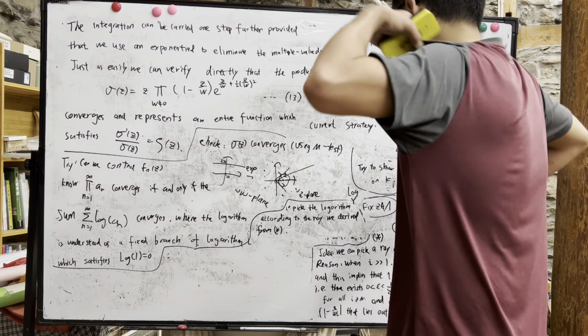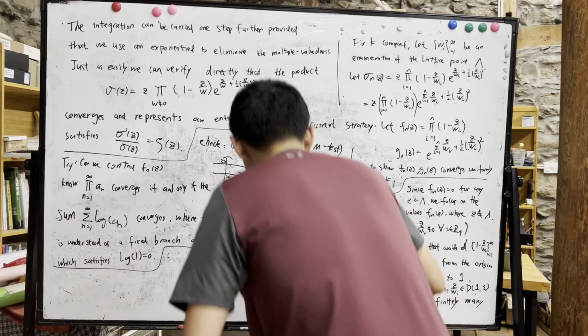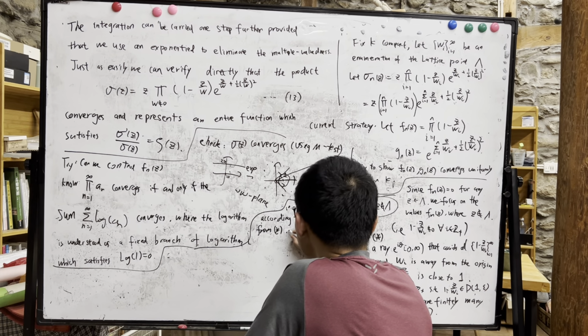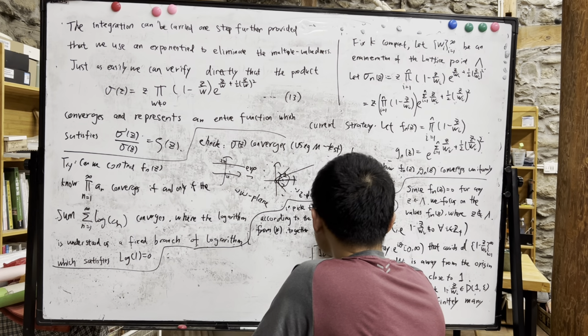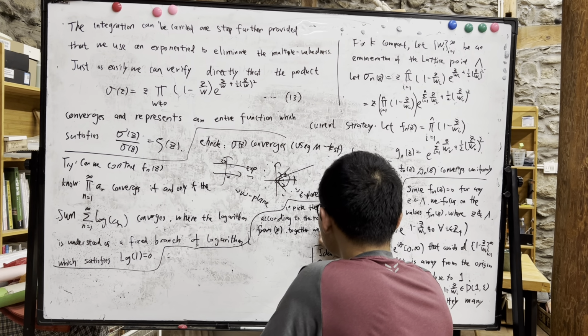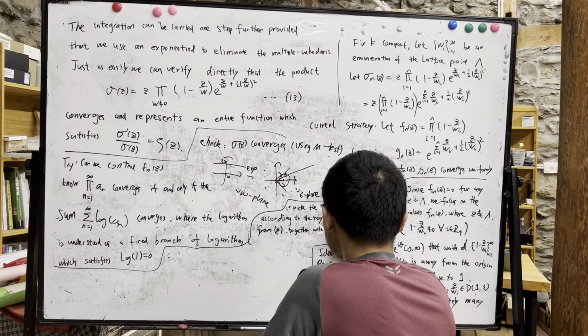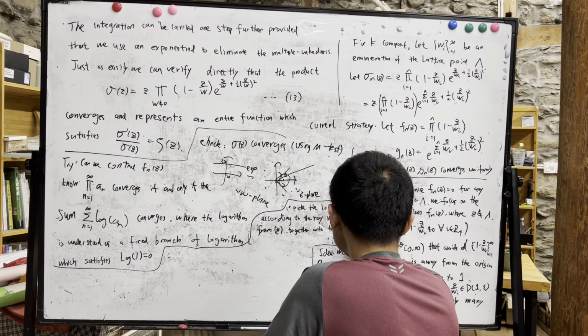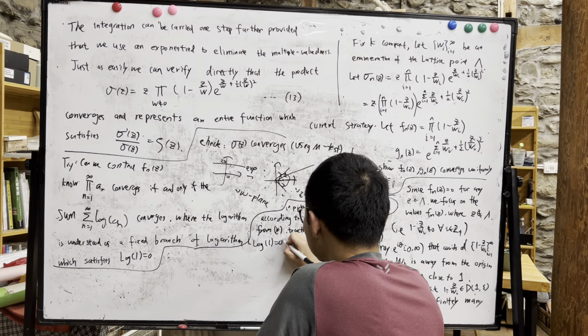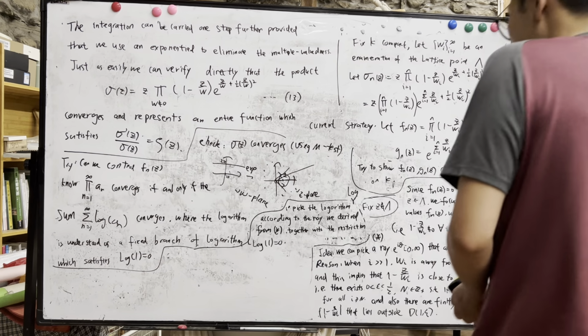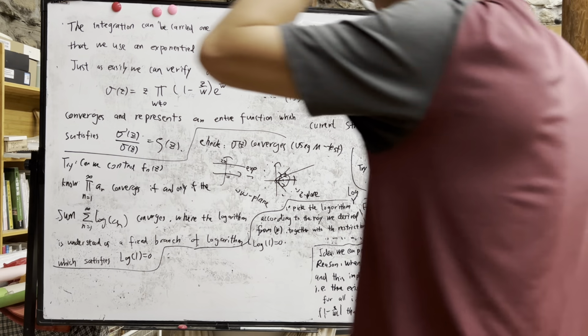Together with this restriction, the log of 1 must be mapped to 0.